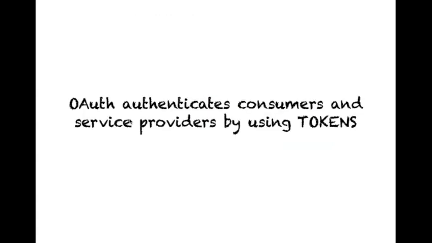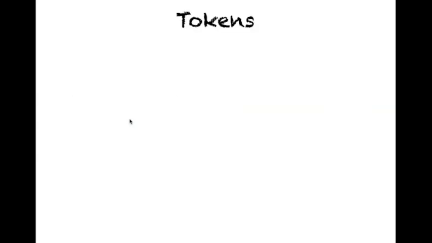So OAuth authenticates consumers and service providers by using tokens. So what are these tokens? First is the request token. The request token is the one that is used by the consumer for authorization by the user.